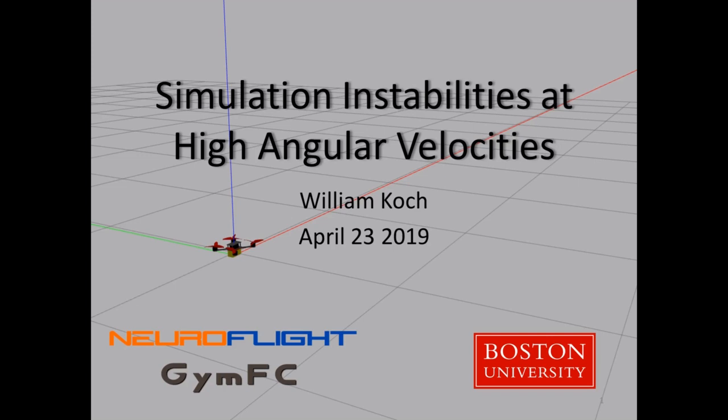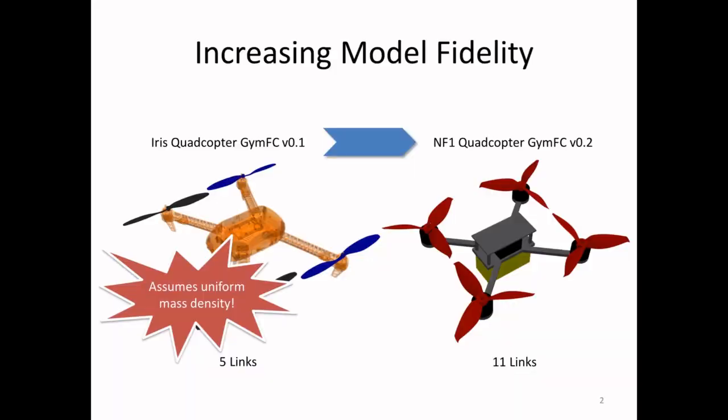This is primarily due to the additional links that are required when you're generating higher fidelity aircraft models. I wanted to go over what we found so that anybody doing research with GymFC or just Gazebo in general will know what to look for and how you can solve these issues.